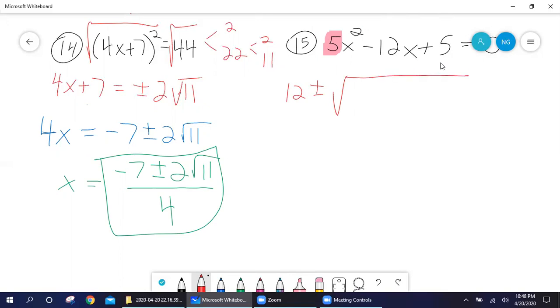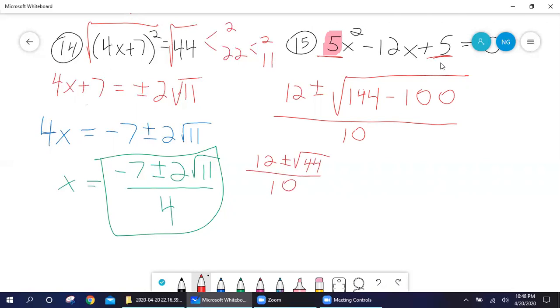So negative 12 squared is 144 minus 4 times a times c. So 4 times 5 times 5. That's going to be 100. All over 2 times a, which is 10. So I end up with 12 plus or minus the square root of 44 all over 10.